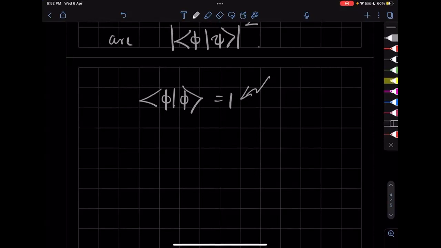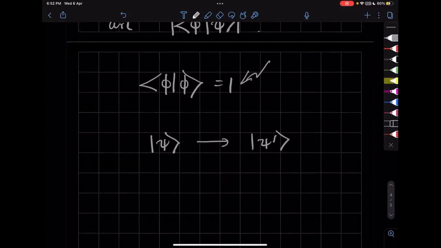So we do make some transformation on the system, and the state will become some other state, say psi prime. The Hilbert space is a linear vector space, so psi prime will be related to psi by some linear operator.